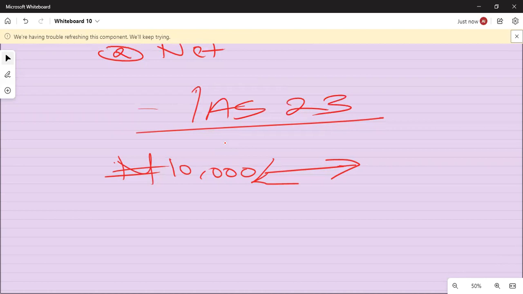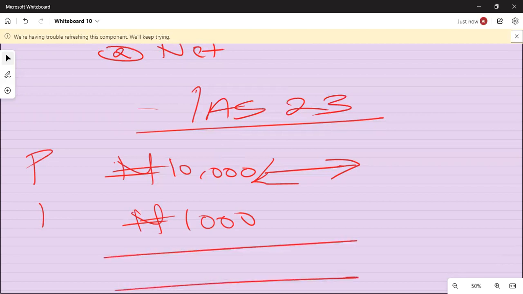This is the principal amount, and the bank charges you interest of 1,000 naira. So what IAS 23 is telling us is that in your financial statement, you are not going to say the cost of this asset is 10,000. You are going to say it is 11,000.